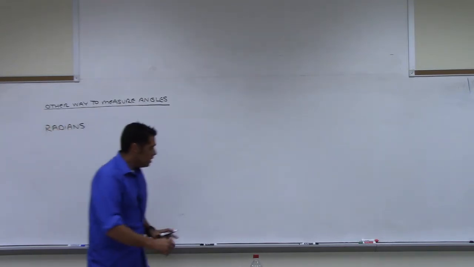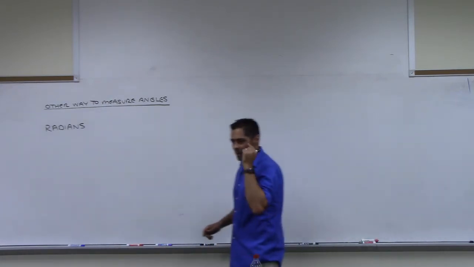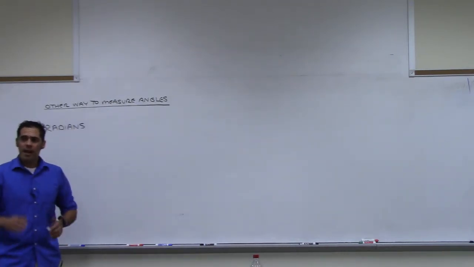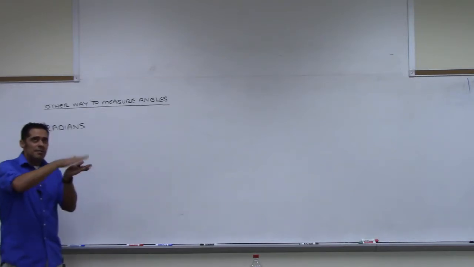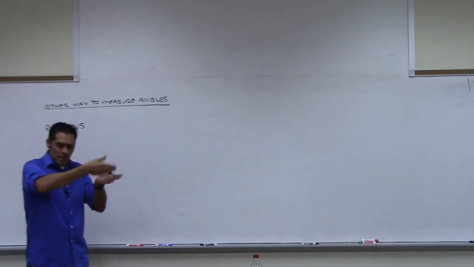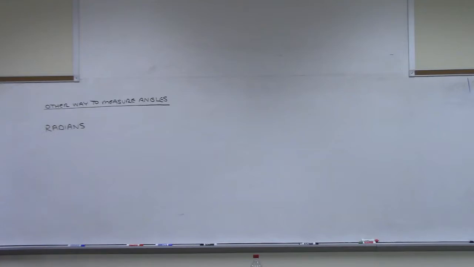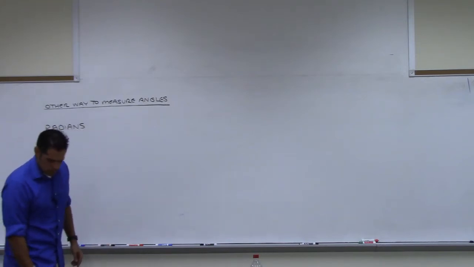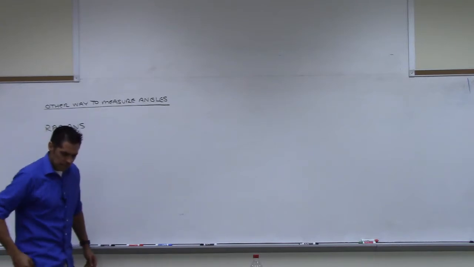And what I really, really hope to do here is to help you understand what a radian is. Because I think if I say what's 1 degree, everyone has an idea that that's like a really small little angle. If I say 360 degrees, everyone has a visual in their head. You can understand what that means. 180 degrees, you can see it. But when I say 1 radian, that's a measurement of an angle. And I want you to understand what it is. Okay, so I have a little bit of a visual aid here.